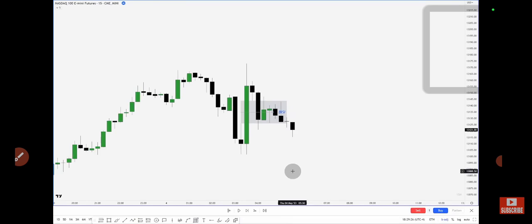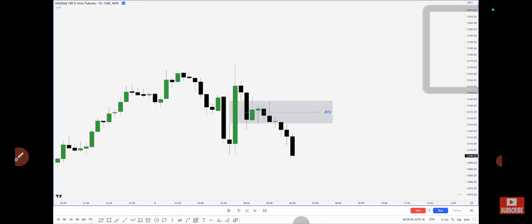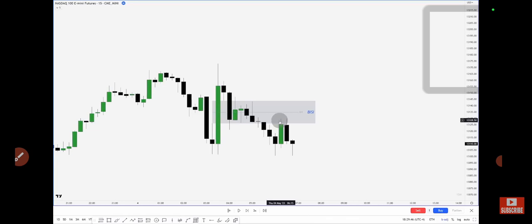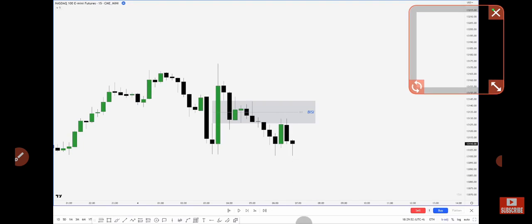And right here, we get a close below the fair value gap. Extending this out, let's see what happens when price returns to this. You can see price returns to this old BISI. It then uses it as resistance to go lower.